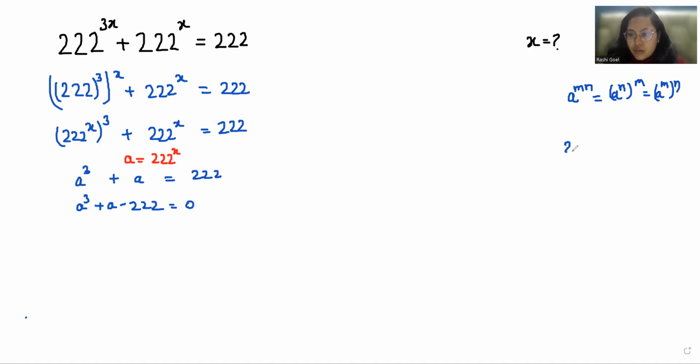So if I write the prime factorization of 222, it is 2 times 3 times 37, or I can write it as 6 times 37.